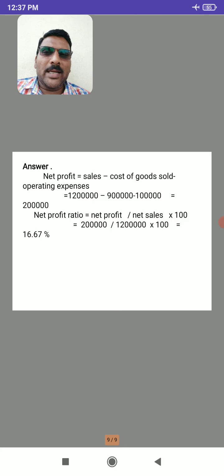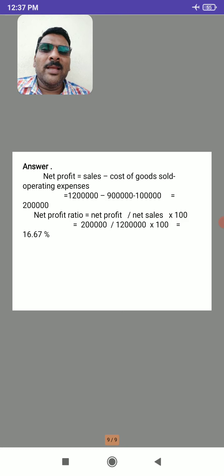Once we get net profit, it is very easy to calculate the net profit ratio. The net profit ratio is calculated using the formula net profit divided by net sales into 100, that is, multiplied by 100. So 2 lakh is divided by 12 lakh. If we multiply by 100, automatically we are getting 16.67% as the answer, that is the net profit ratio.